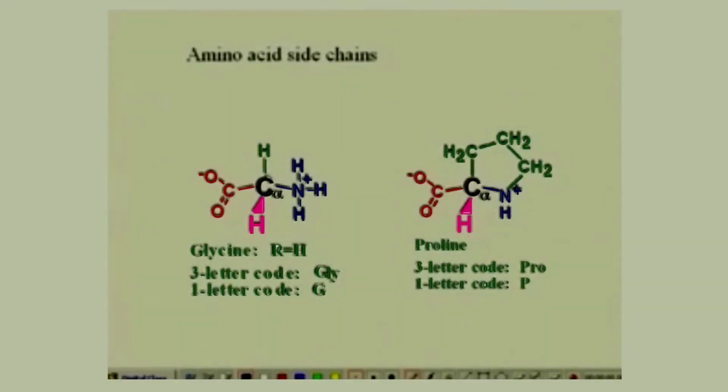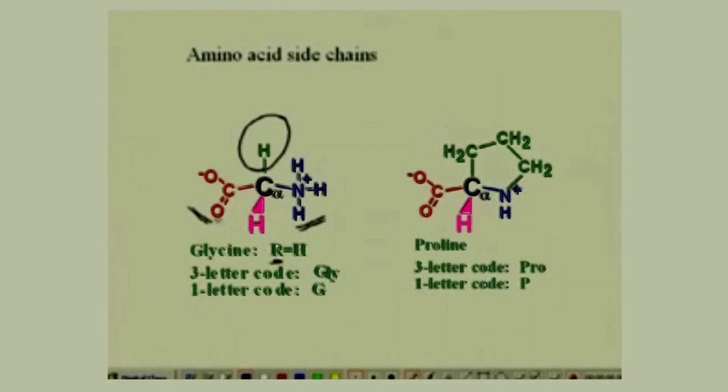So, if we look at the side chain of glycine, where the R group is written here, we now know that this is where the R group is attached. This is our amino group and this is our carboxylic acid group. Now, if you notice the way we have written the amino acid, we have written it with an NH3 plus and a COO minus.